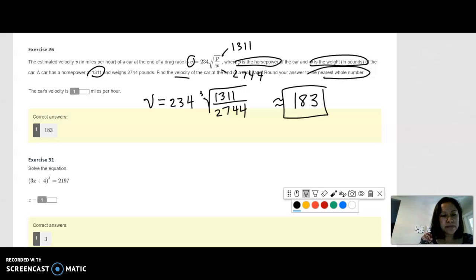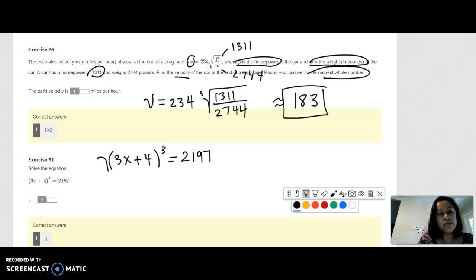Solve the equation, 31. So these are pretty fun. You always have to remember that when you're solving the equation, you want to isolate your variable and use inverse operations. So what we want to undo first is this cubed. The inverse of cubing something is the cubed root.